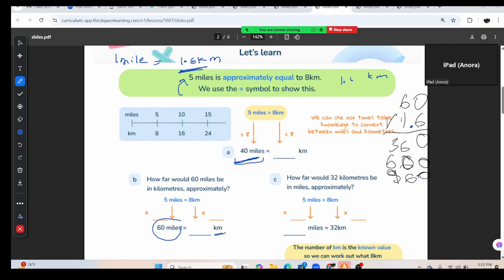Because after one digit there is a decimal. So if you put the decimal after one digit, you would get 96. So the answer would be 96 kilometer.